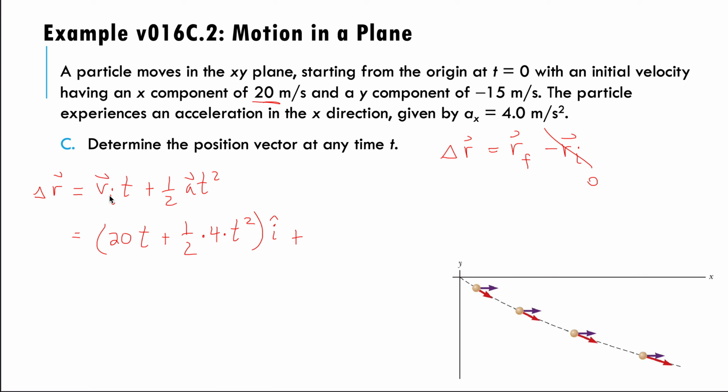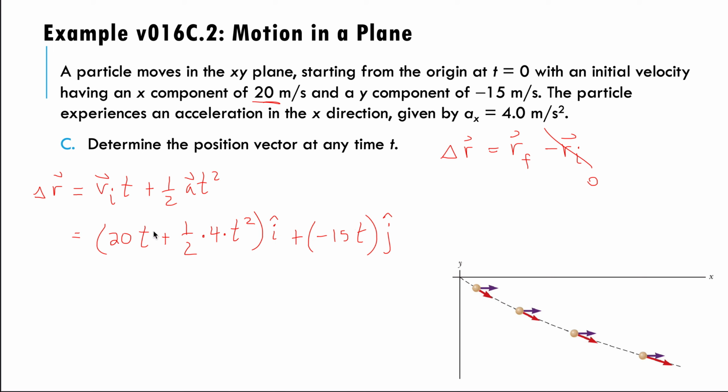So v initial y is negative 15 times time plus 1/2 times the y component of a, which is 0. So plus 0, we don't have a y acceleration. So that is going to be it for the y direction. The position does depend on time. The velocity depends on time because our acceleration wasn't changing, but the position depends on time because we are changing position.